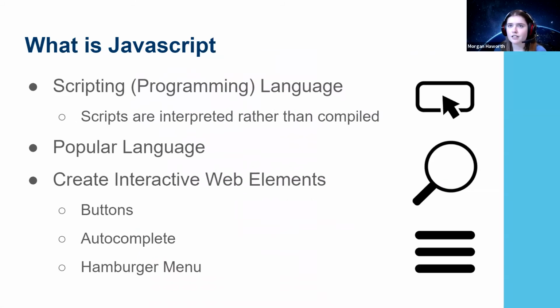So starting out, JavaScript is a scripting language. All scripting languages are also programming languages. The difference between the two is that scripts from a scripting language are interpreted rather than compiled.